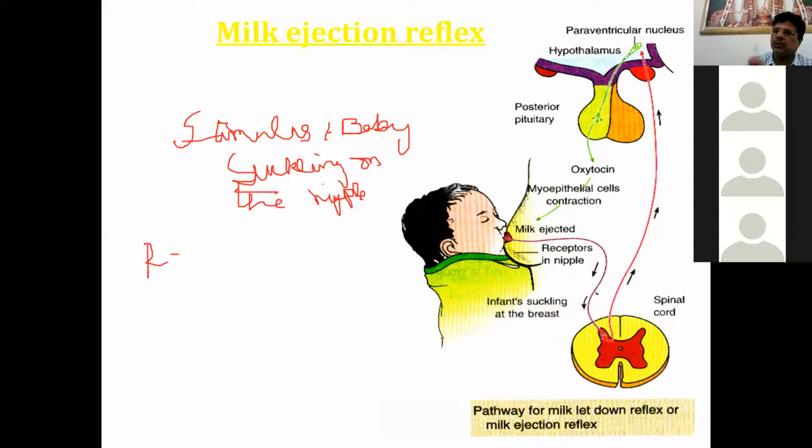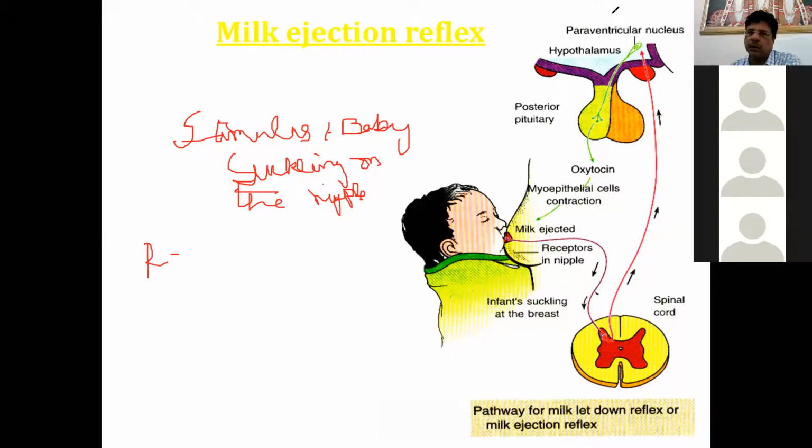The diagram is not fully correct. It says paraventricular nucleus, but latest information tells that both supraoptic and paraventricular nucleus are secreting oxytocin and ADH. So please write SON also here. Sorry, supraoptic SON.